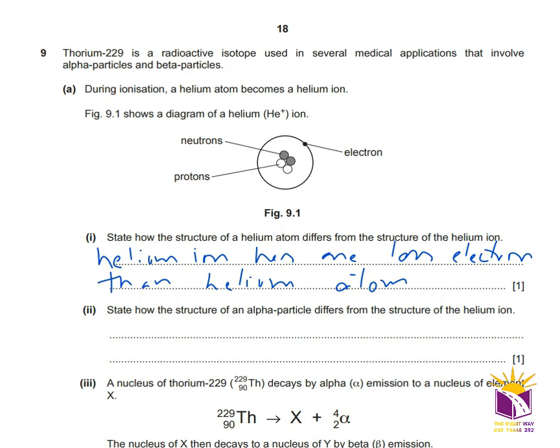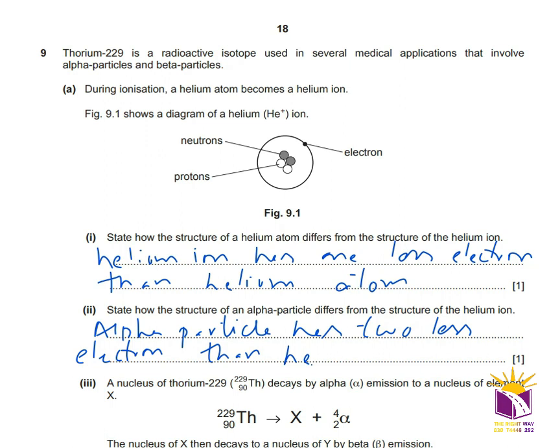We know that alpha particle contains 2 positive charge and it has no electron. Alpha particle has 2 less electrons than helium.